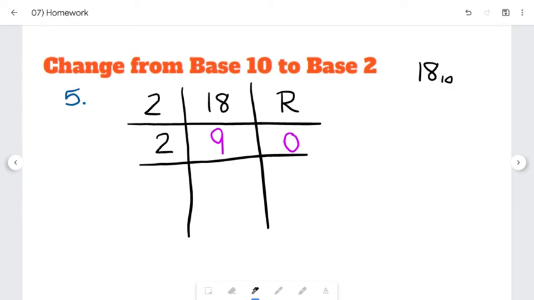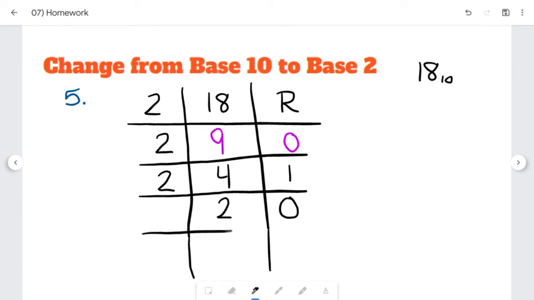So 9 divided by 2, well, it doesn't go in evenly, but I do know I could do 8 divided by 2, which would be 4, and then there'd be 1 remainder. But again, my middle column's not at 0 yet, so I'm going to divide by 2 again. This time, 4 divided by 2 is 2. There's no remainder, but still my middle column doesn't have a value of 0, so I'm going to do this again.